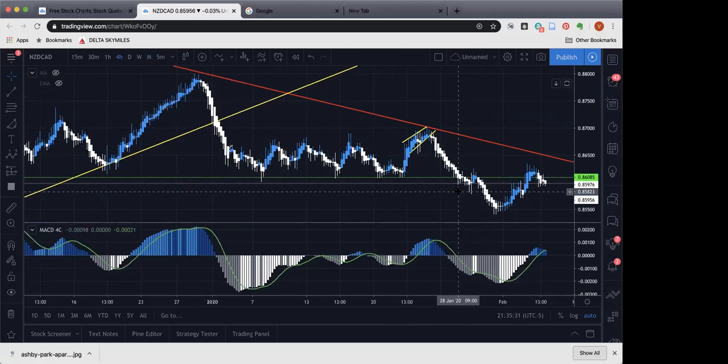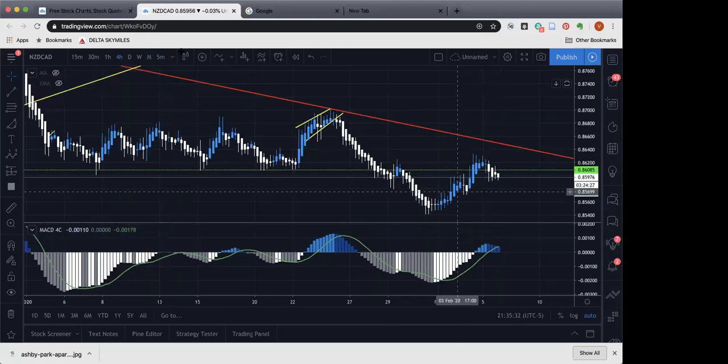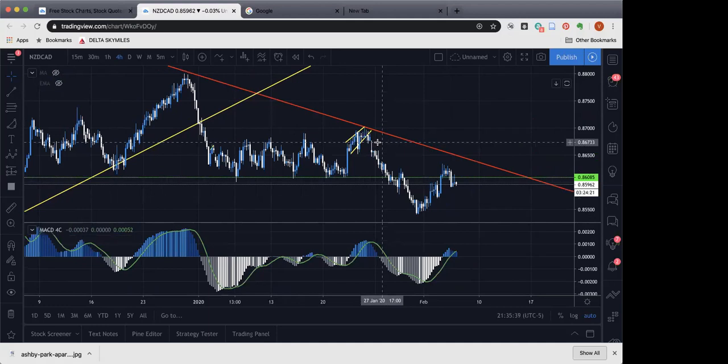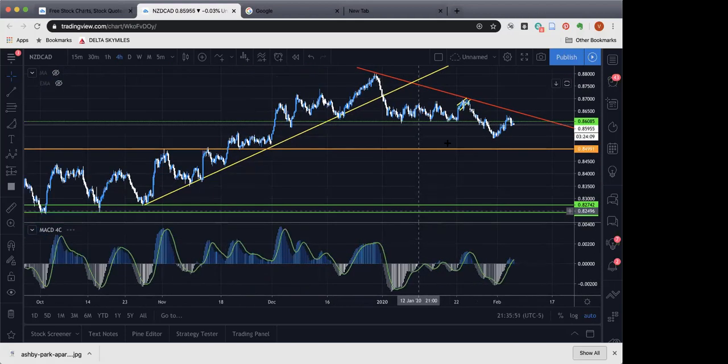But notice how when the market got near these key zones, it told us what it was going to do. When it got here, right here.